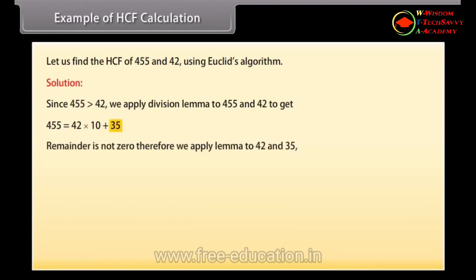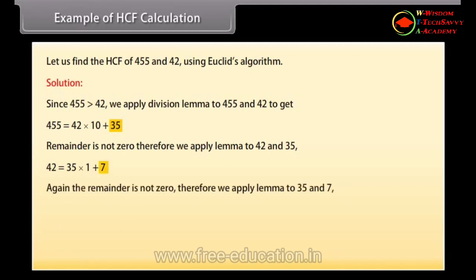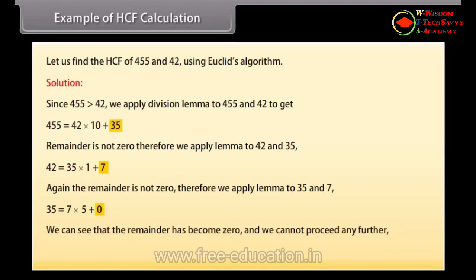Remainder is not 0, therefore we apply the lemma to 42 and 35. 42 is equal to 35 into 1 plus 7. Again, the remainder is not 0, therefore we apply the lemma to 35 and 7. 35 is equal to 7 into 5 plus 0. We can see that the remainder has become 0 and we cannot proceed any further. Therefore, the HCF of 455 and 42 is the divisor at this stage.